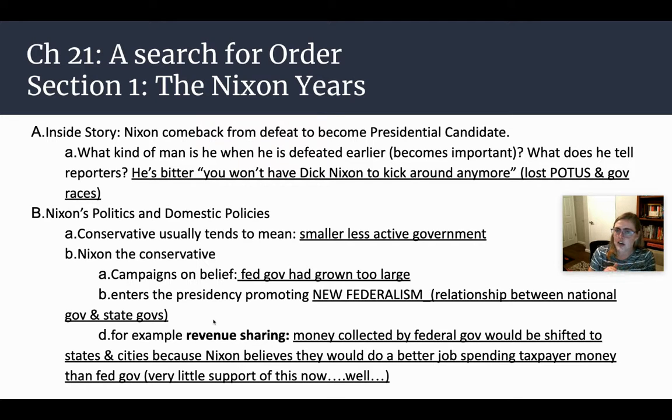We haven't seen very much support for this idea until really the current administration. I will argue that, or I won't argue, but I will point out that there's a disagreement right now about federal money or how states contribute to federal money. So, for example, you might have heard something about not bailing out Democratic states and the Senate not wanting to give a lot of aid to certain states like New York or California.